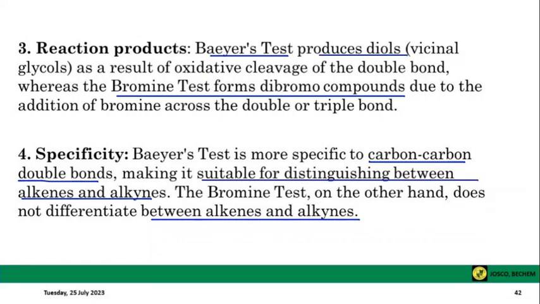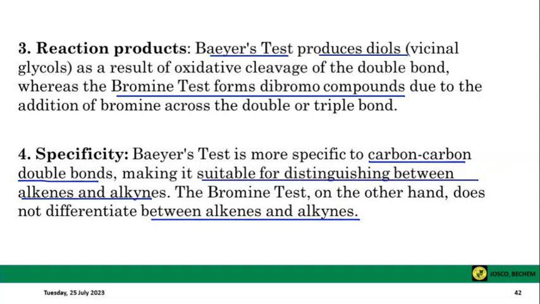So, for example, when we do a test to identify the unsaturated compound, and then it changes from purple to colorless, then we can say that the probability that the unsaturated compound is an alkene is very high, assuming that we used Bayer's test. I hope you get the clarification now.